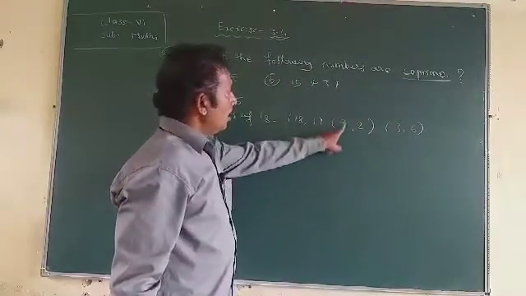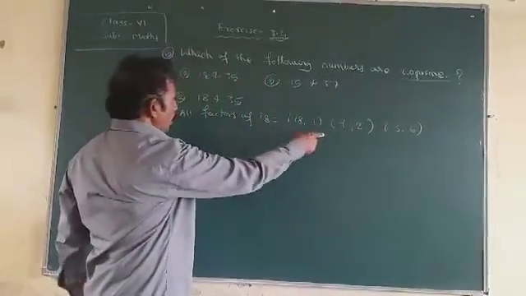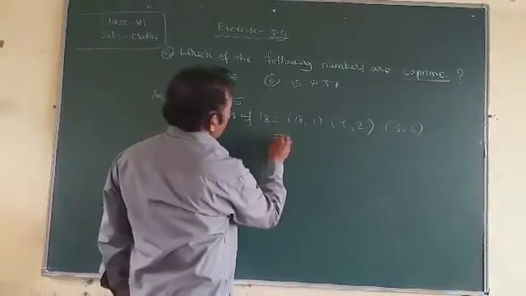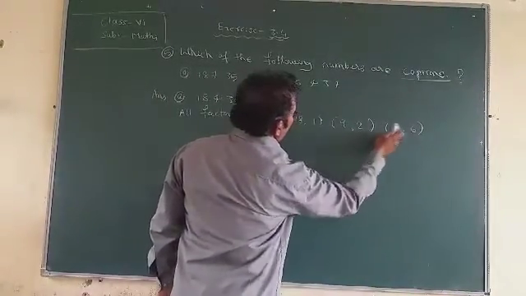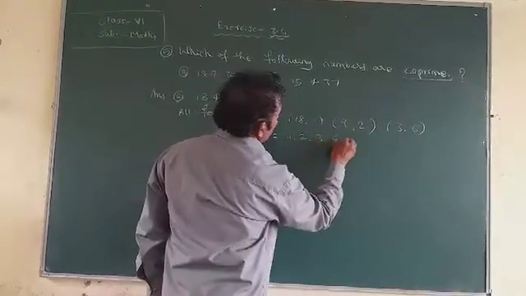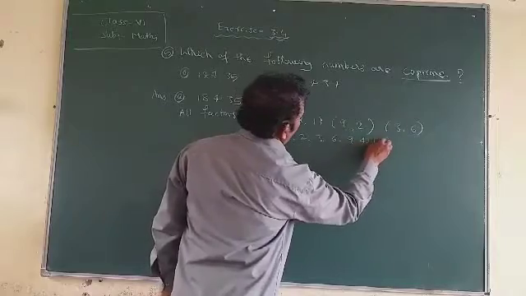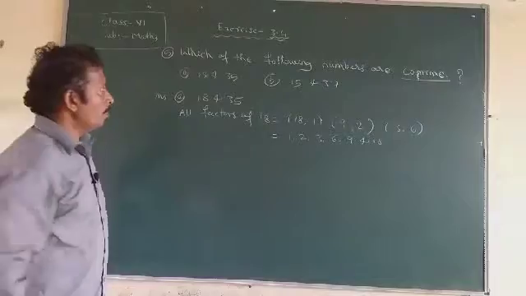So these are the factors of 18. Therefore, write 1, 2, 3, 6, 9, 18. All these are the factors of 18.